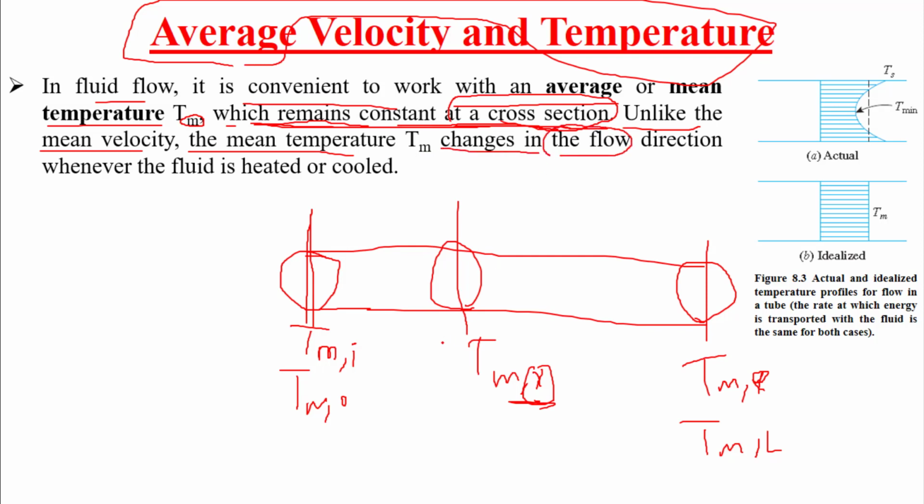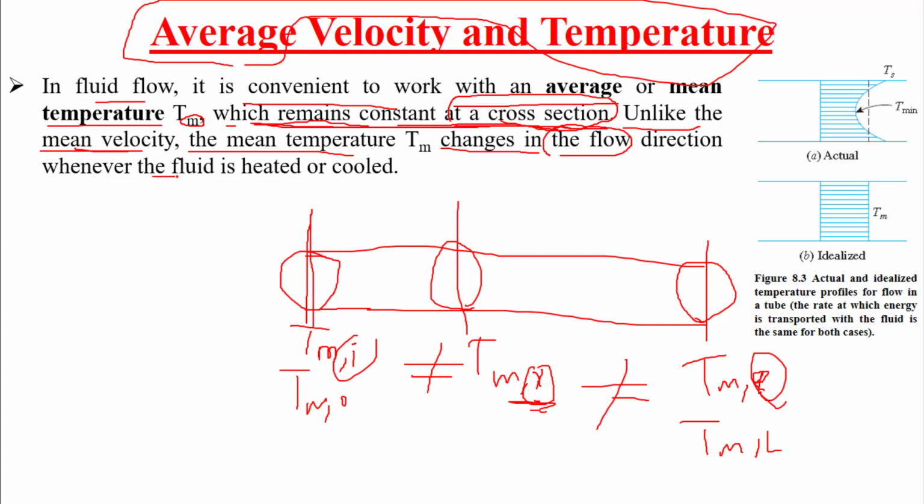So T mean at this inlet location is not the same as at this location x, and it's not the same as at the exit or L. So this is vice versa of the mean velocity. Mean velocity remains constant in the flow direction. Why does T mean keep varying?